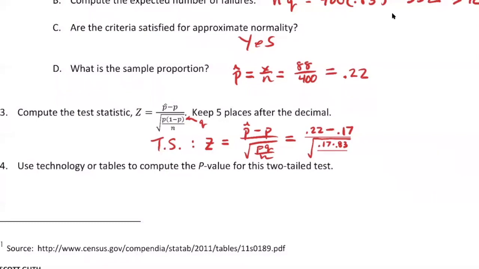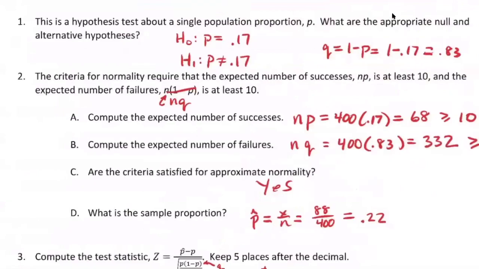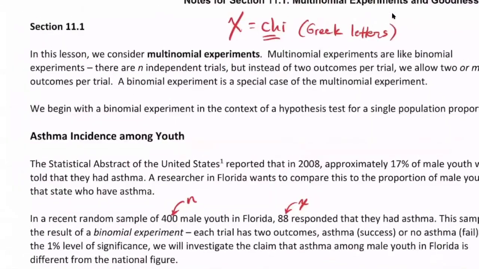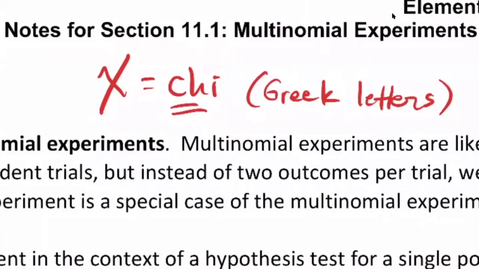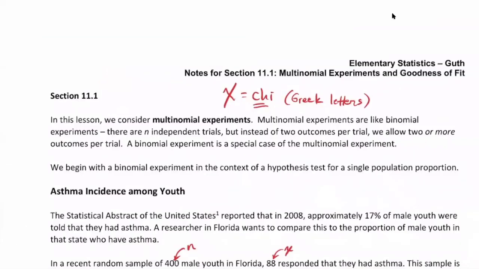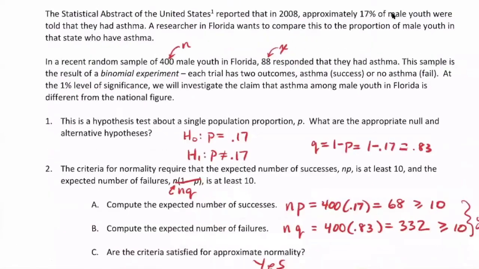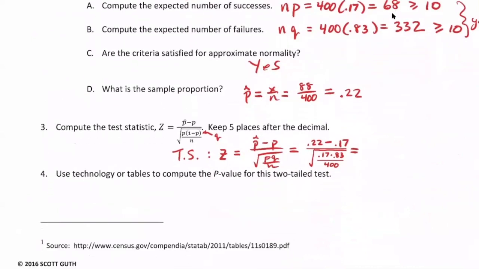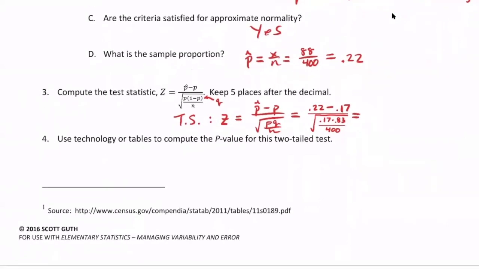It's crazy, they want us to keep 5 places after the decimal here, which is extraordinarily precise. But the goal here is we're going to teach you a new type of test. It's called the chi-square. Remember that Greek letter chi up here that I was showing you? This test is called chi-square, and you'll see why. But we want you to see that these tests are equivalent, and that's why we're going to be super precise here. So let's go ahead and, if you don't mind, do that computation.